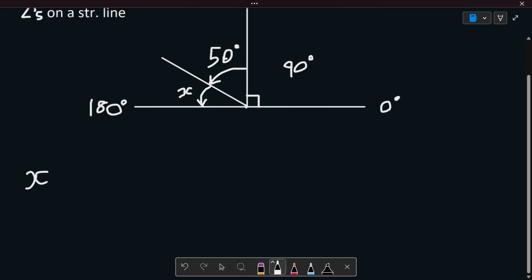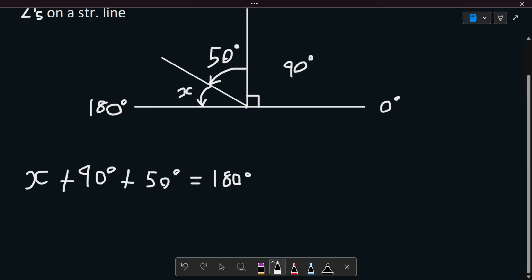We have x added with the other angle, which is, let's say we are given also 90 degrees, and we're also going to add it with 50 degrees, because those are all the angles that lie on this straight line, and all of those angles, when you combine them together, will give you 180 degrees.